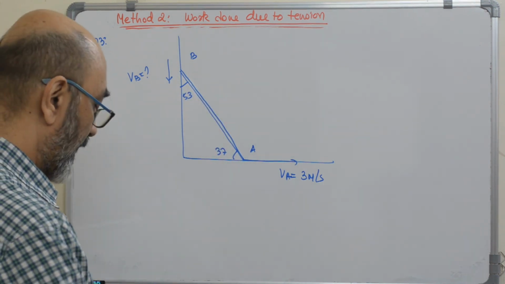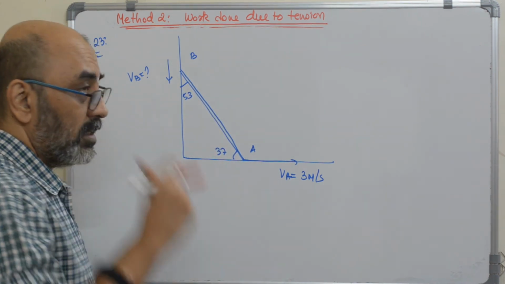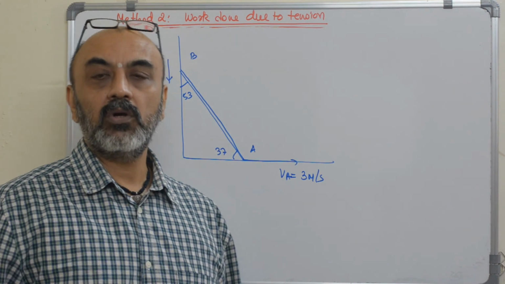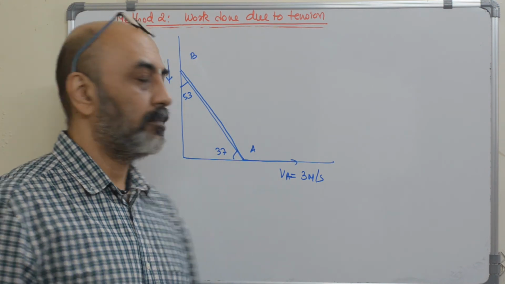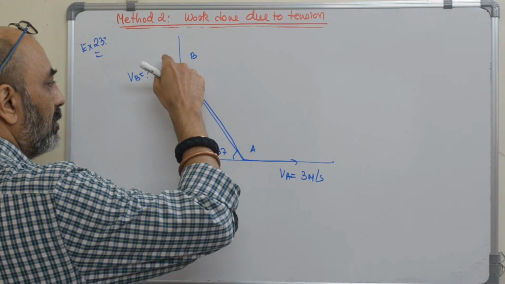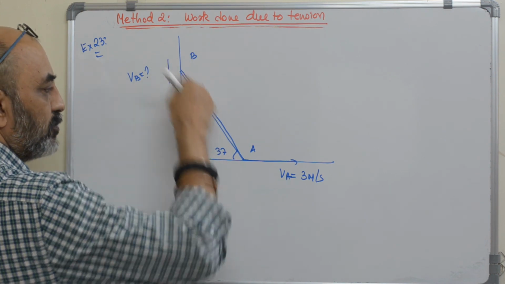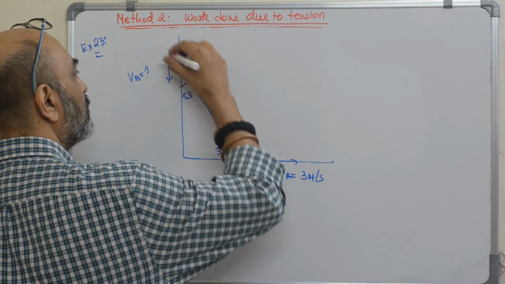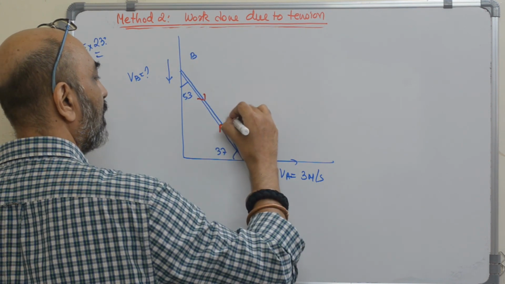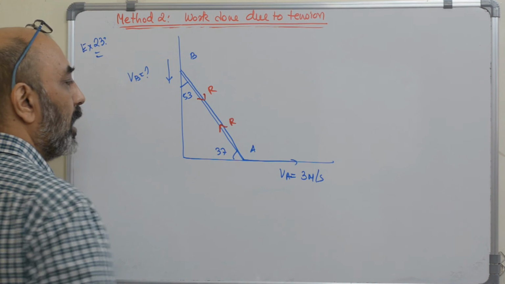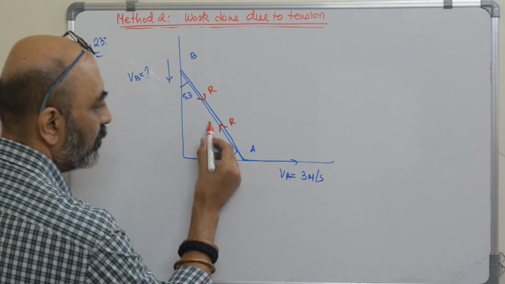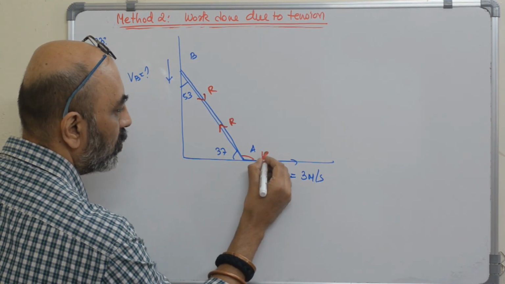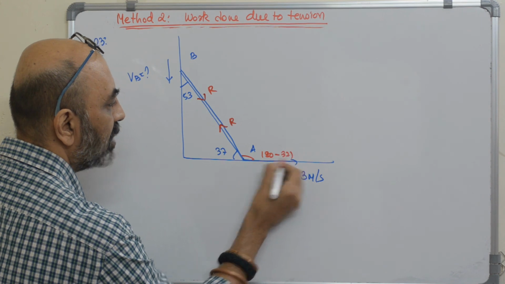So what is the idea? Here we will not work with tension. Here we will talk in terms of reaction. The stick is pushing the ground like that, so you have reaction like this, and the stick is pushing that and you have reaction like that. Let that reaction be R. The angle between reaction and velocity over here is 180 minus 37.